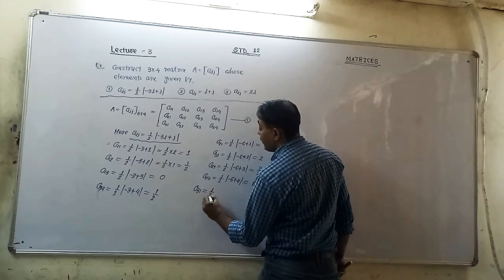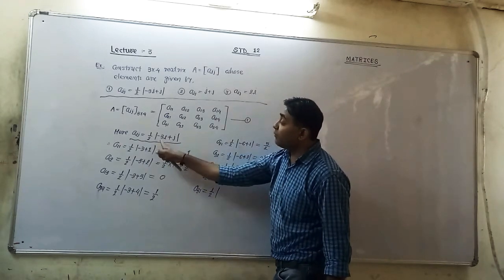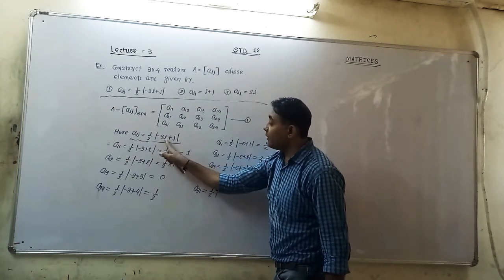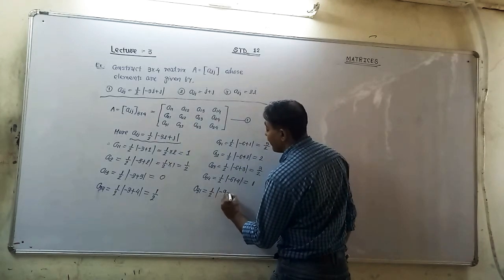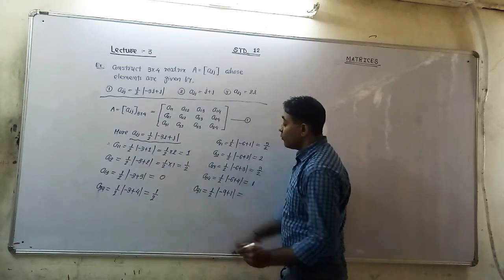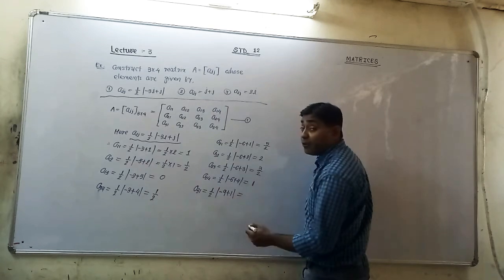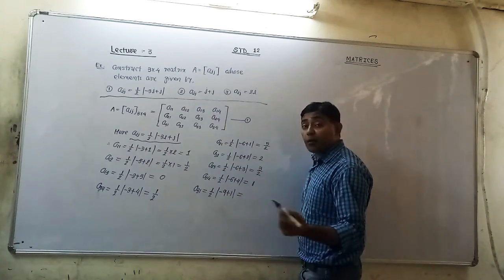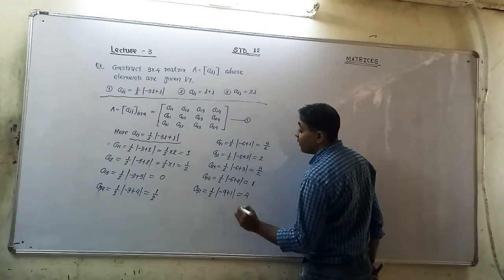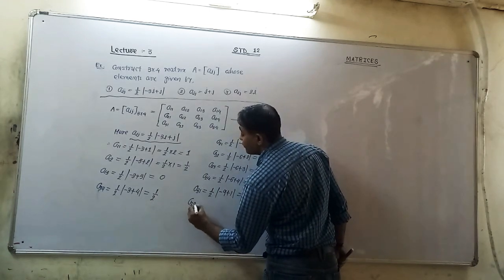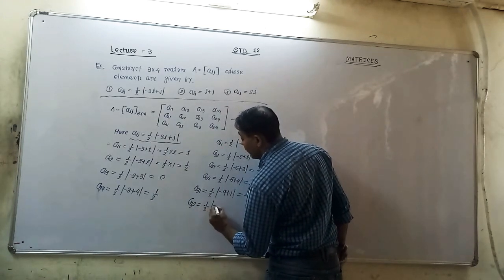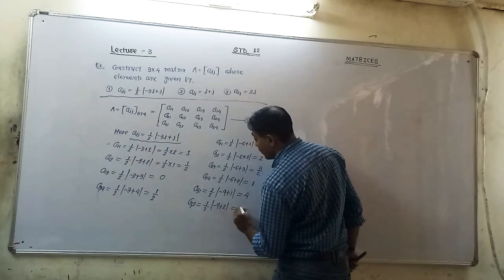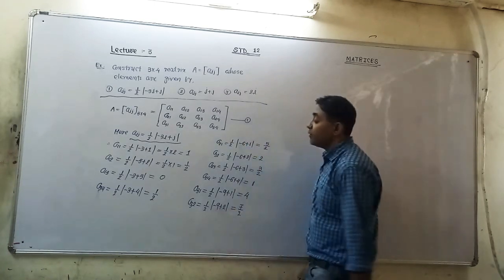Now we will write all the elements of the third row. A31. Then 1 by 2. Now see here, when you multiply this with 3, then minus 3 3s are minus 9, and plus 1, right? So minus 9 plus 1 is minus 8. Minus 8 by 2 is minus 4, but in modulus, so it's plus 4. A32, 1 by 2, modulus of minus 9 plus 2. So it's 7 by 2 here.